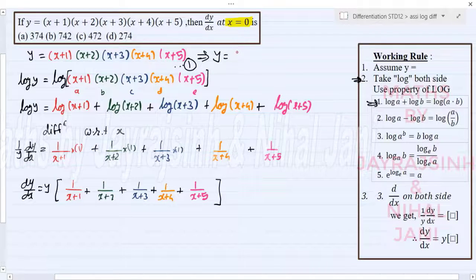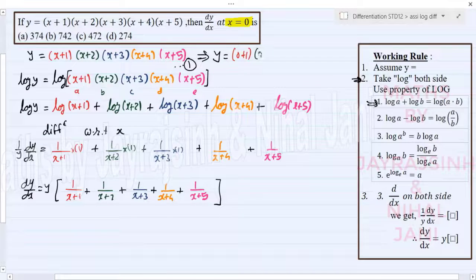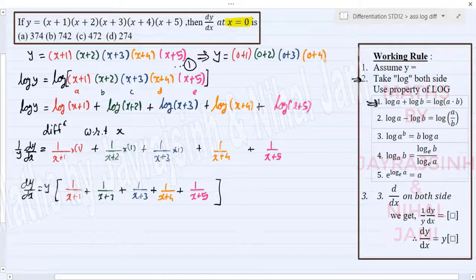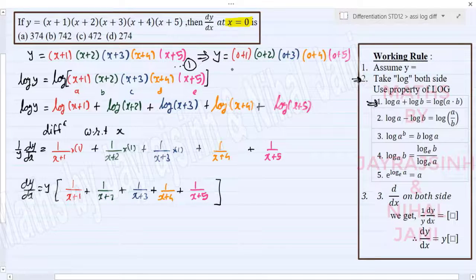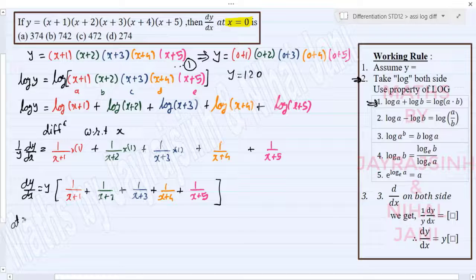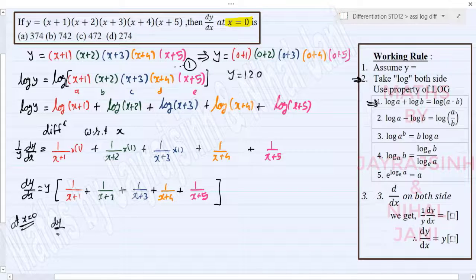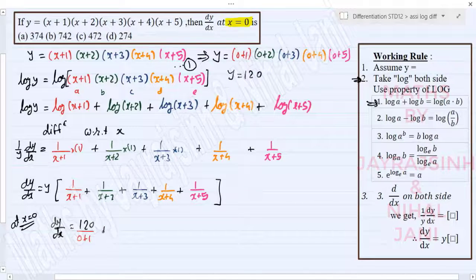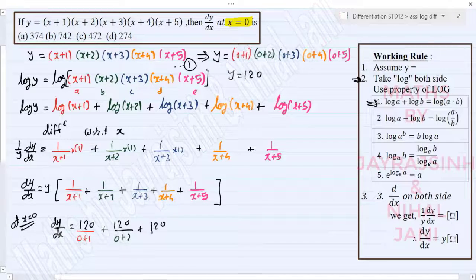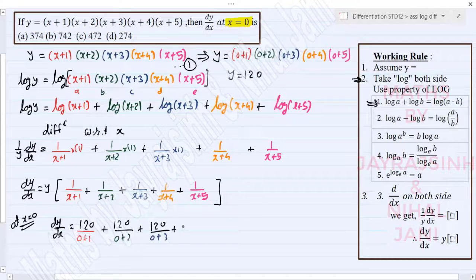So we get y is equal to 0 plus 1, 0 plus 2, 0 plus 3, 0 plus 4, and 0 plus 5. Here we get y is equal to 120. So at x is equal to 0, your dy by dx will be y, which we already found out as 120, upon x plus 1, or we can say 0 plus 1, plus 120 upon 0 plus 2, plus 120 upon 0 plus 3, and so on.